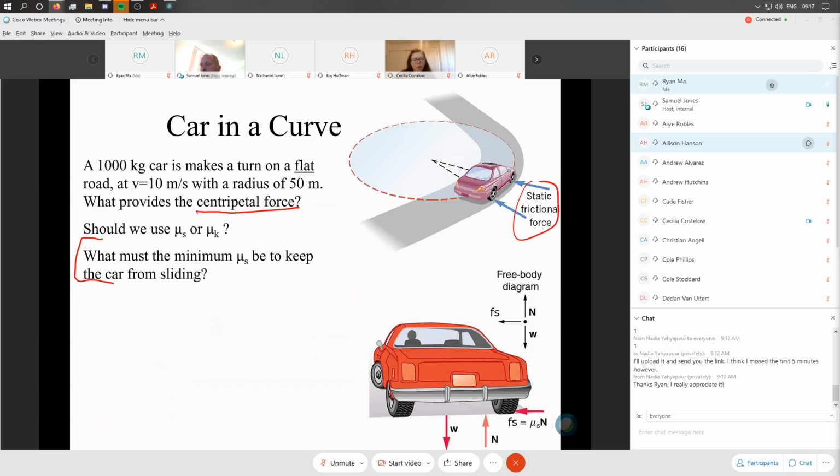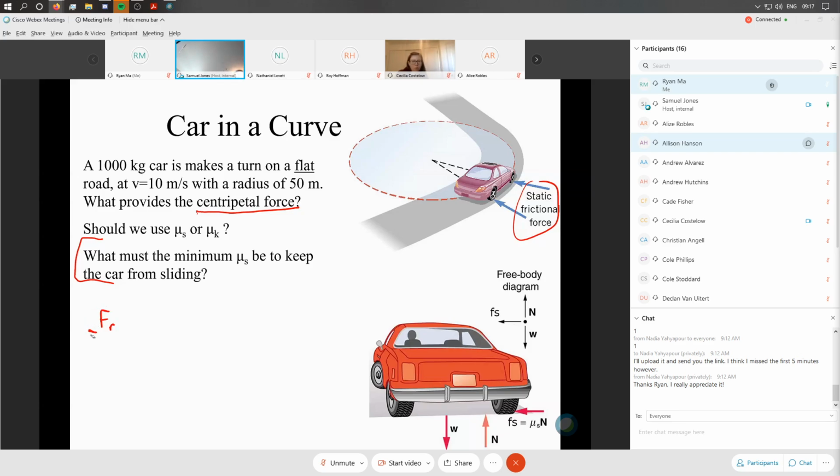Okay, what I want to do is write an equation for Newton's second law that would describe the forces acting on this car in the x direction. And that's why the free body diagram is helpful, because now we know what those are. I'm going to call it the r direction instead of the x direction, because that's what your book does. He uses r for radial and t for tangential.